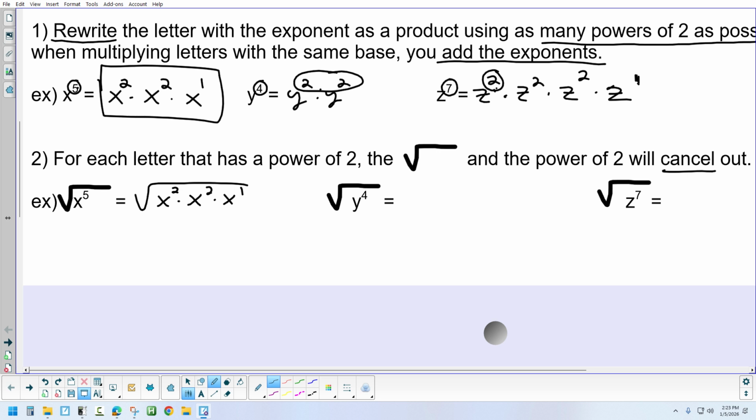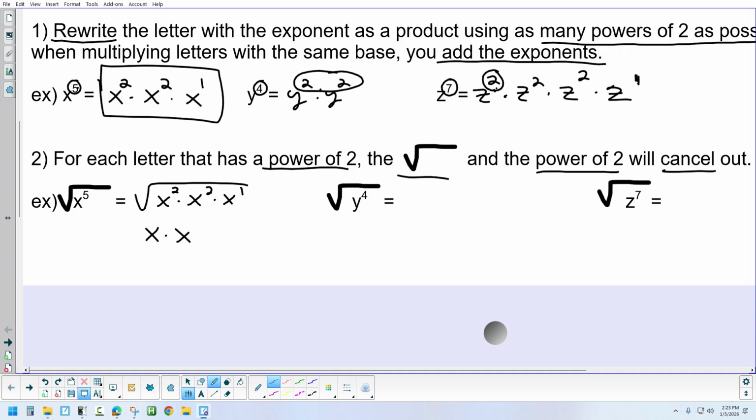And then for each letter that has a power of 2, the square root and the 2 are going to cancel out. So let's look at the first one. Does the first letter have a power of 2? Yes. Then the square root and the 2 are going to cancel, and what's going to be left? Just an x. Let's look at the second one. Does that have a power of 2? Yep. Then the square root and the 2 are going to cancel, and what's left?